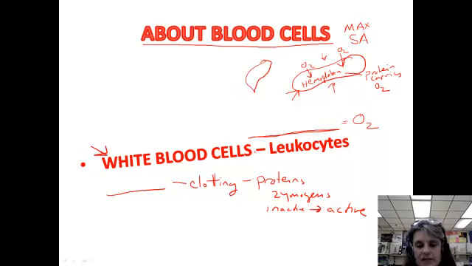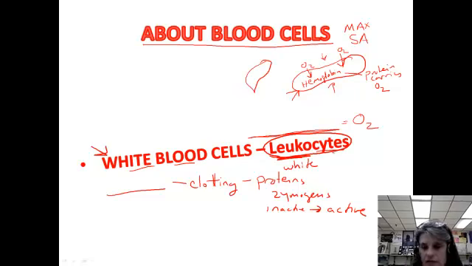White blood cells, the fancy word for those is leukocytes. Leuko means white, and cyte means cell, so white blood cells. And this is the general term for any cell fighting infection in your body. And we'll talk about some different types of leukocytes.